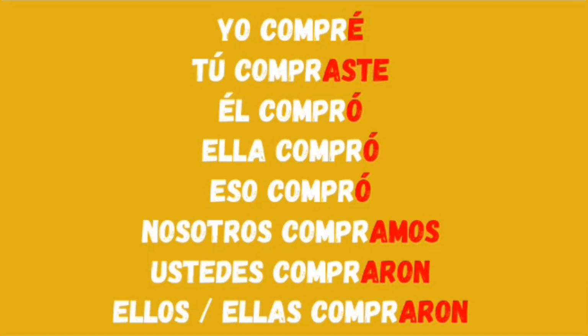If you want to say we bought, you have to say nosotros compramos. If you want to say you bought in the plural form, then you have to say ustedes compraron.